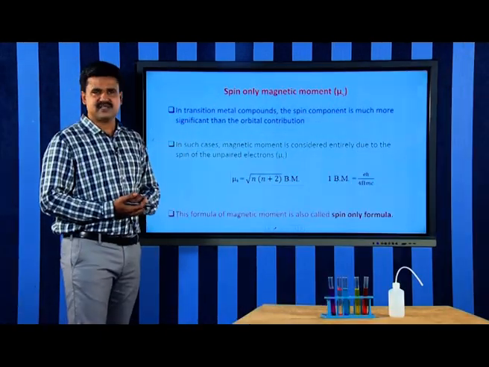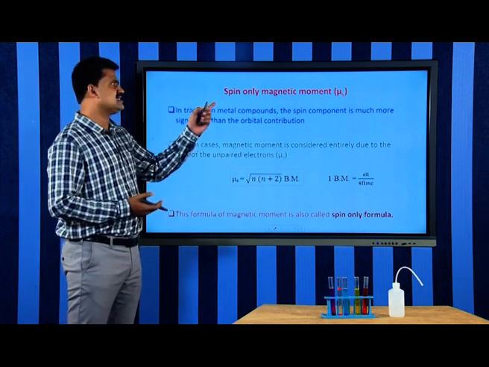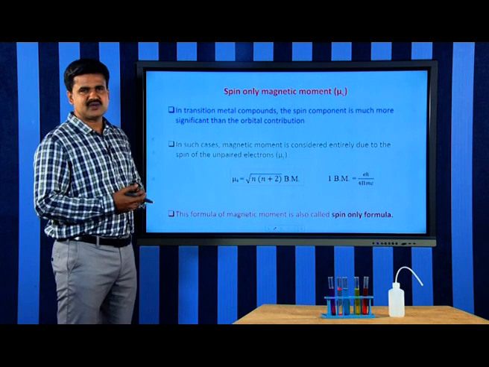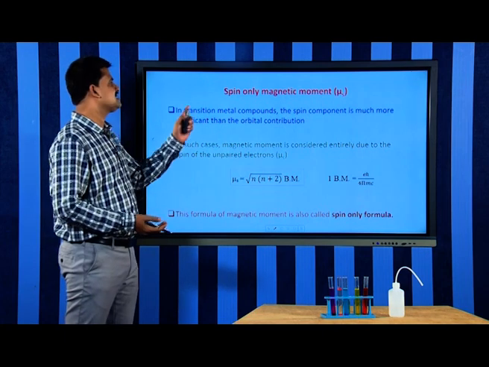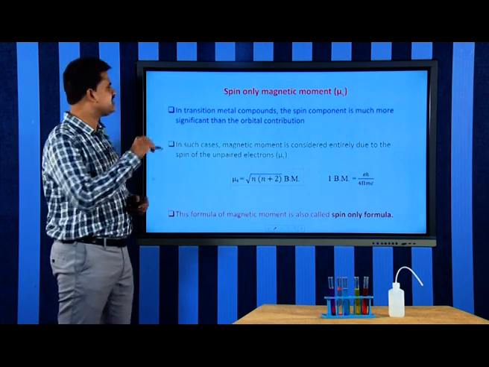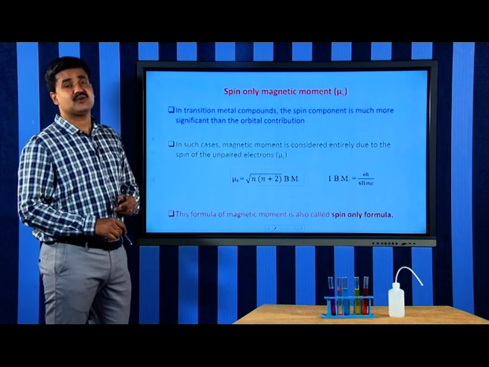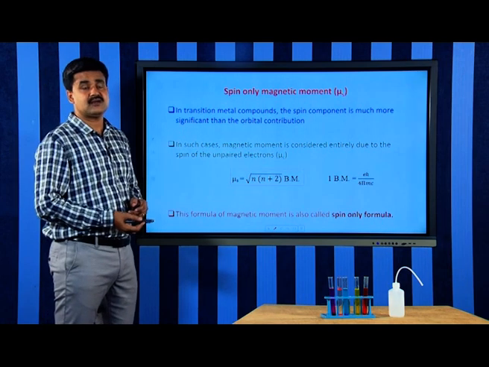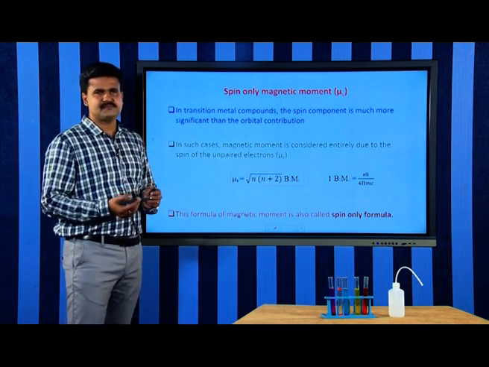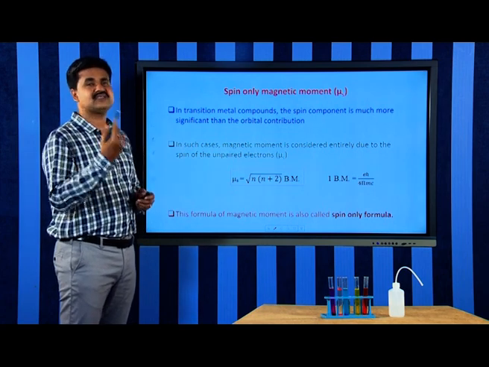Spin only magnetic moment. The spin motion of the electron is responsible for the spin only magnetic moment, designated as mu s. In transition metal compounds, the spin component dominates over the orbital component. That means spin contribution is higher in magnitude compared to the orbital component.